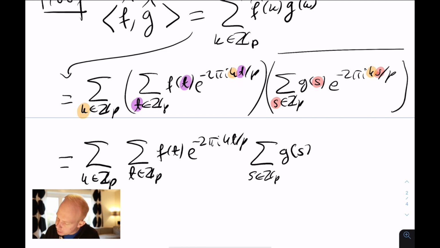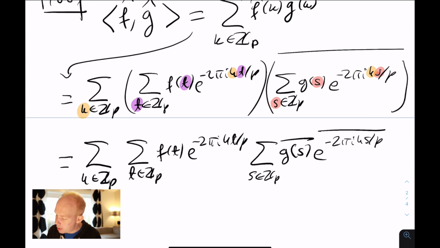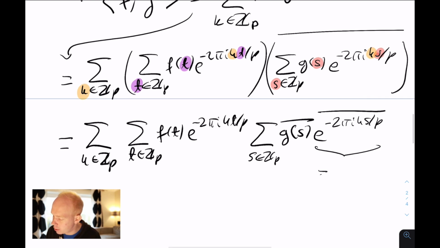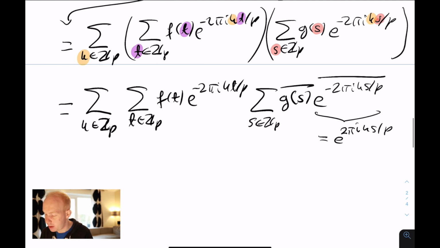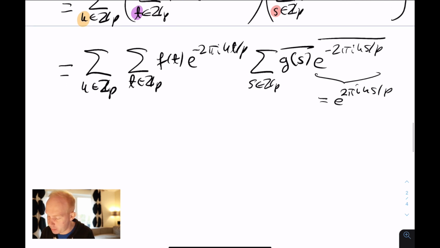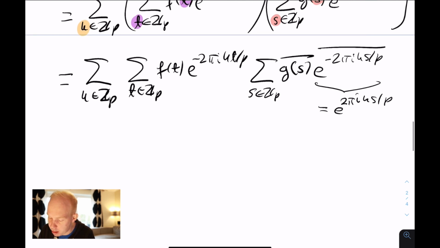The complex conjugate of minus 2 pi i k s over p is just plus 2 pi i k s over p. So now we have everything in one sum, with the complex conjugation inside, and we can rearrange the sum.